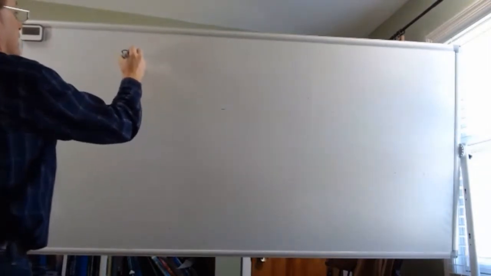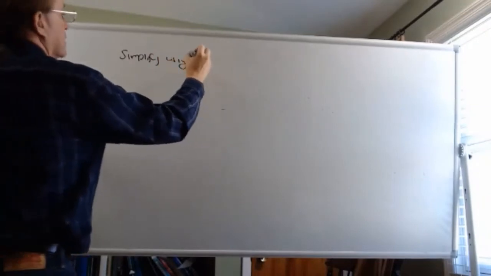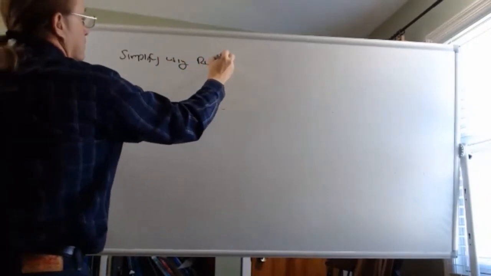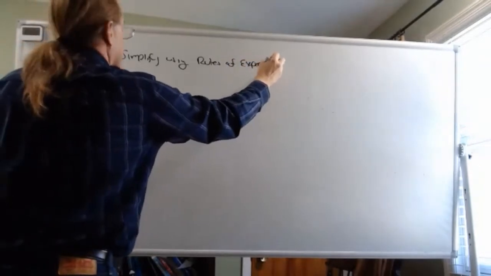Settle it that way, give you a chance to do this. So here's another type of problem. Now we're given a complicated expression, we're asked to simplify, using the rules of exponents, or the laws of exponents.